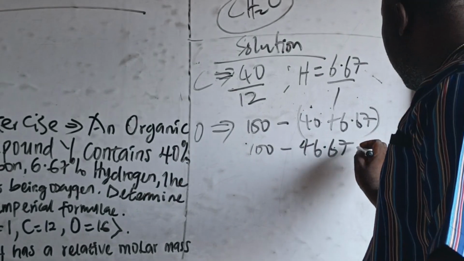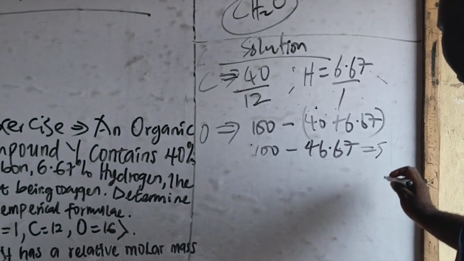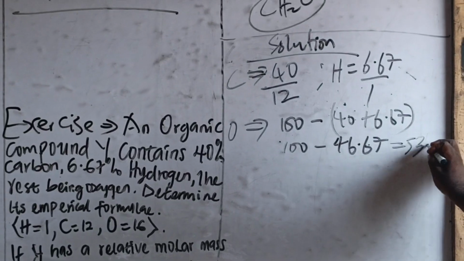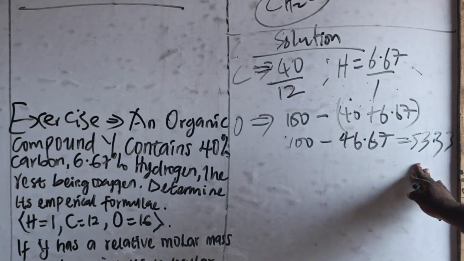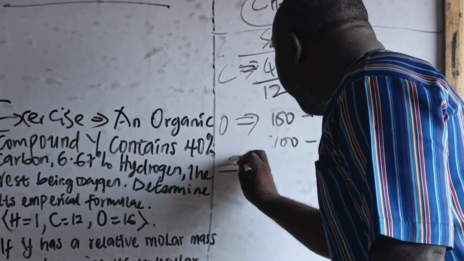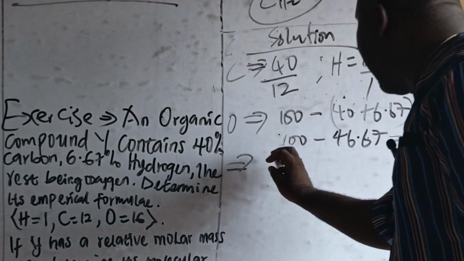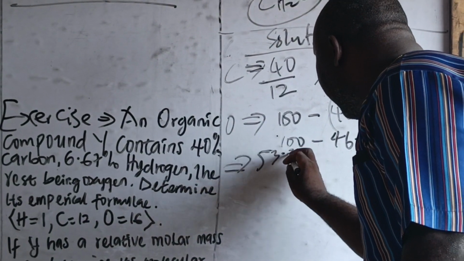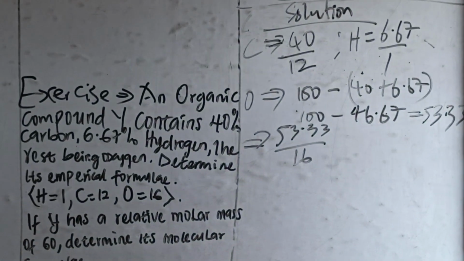When we subtract from 100, we get 53.3. Yes, 53.3. So that's the percentage of oxygen. Therefore, to get the mole number of oxygen, it's the percentage 53.33 all over 16, that's the mass of oxygen.